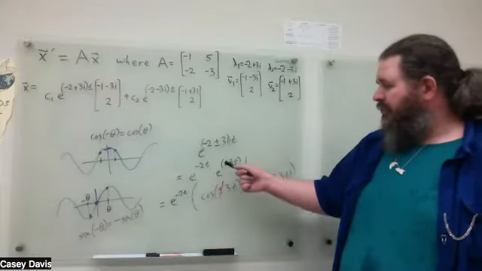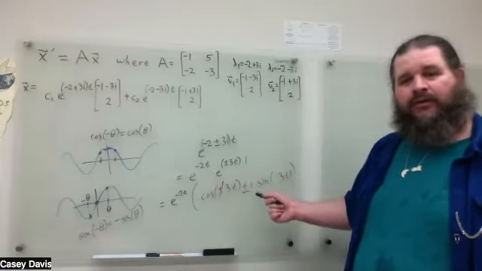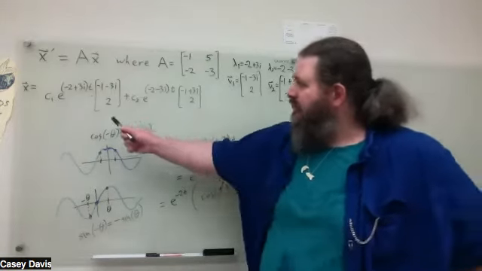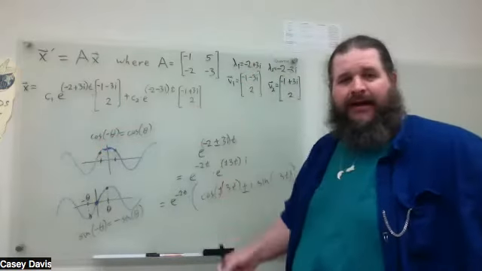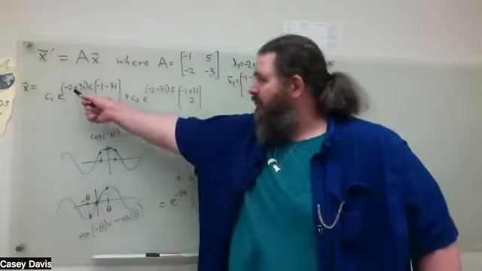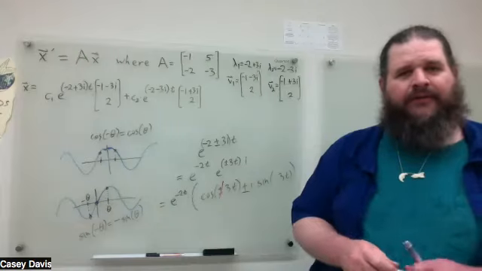So e to the plus or minus 3ti is cosine of just 3t plus or minus i sine 3t. So each one of these, the e to the -2 plus 3it and e to the -2 minus 3it, can be replaced with this using plus or minus to match the plus or minus in the exponent. Any questions on that so far?